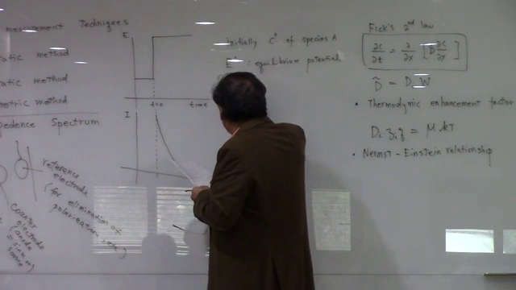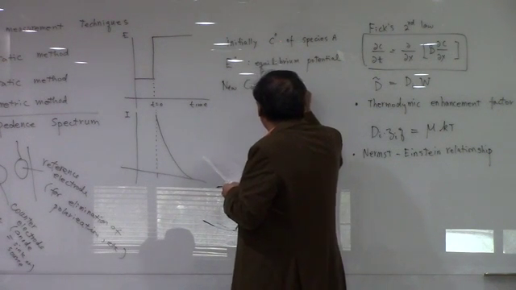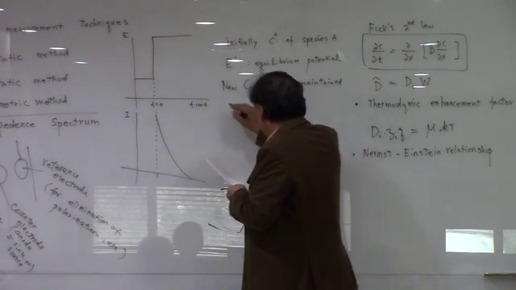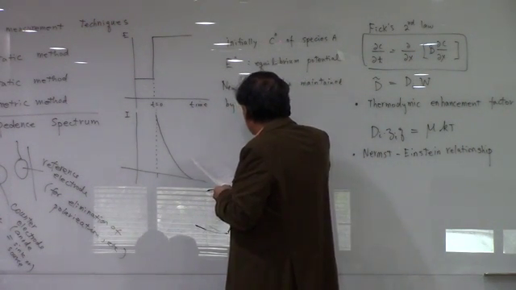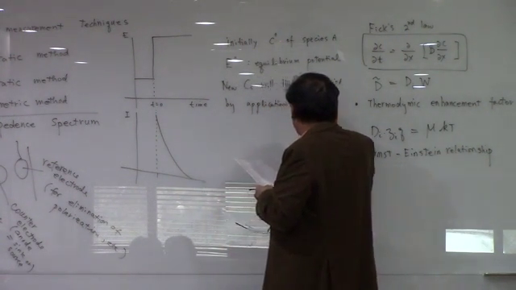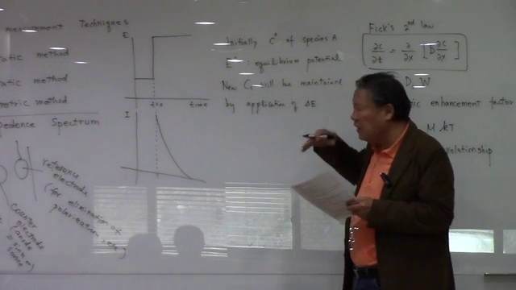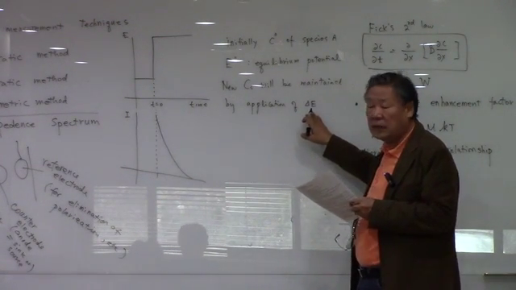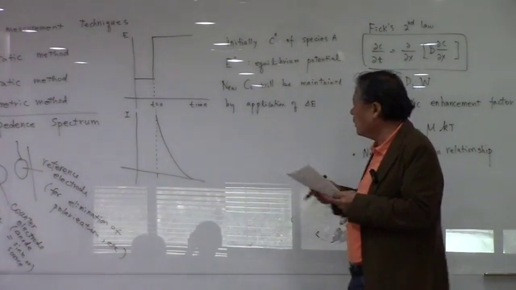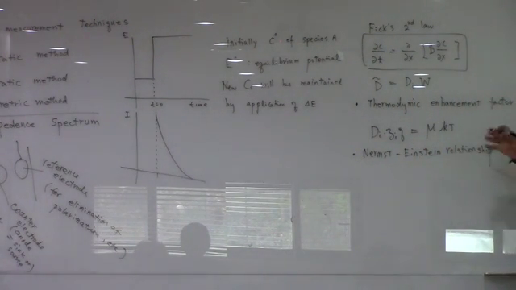And the new CS, the surface concentration, will be maintained by application of delta E. A certain voltage, the equilibrium voltage E naught, and then we increase or decrease the value by delta E. Then according to this delta E, a new surface concentration will be set depending on the Nernst equation, okay, at the surface.